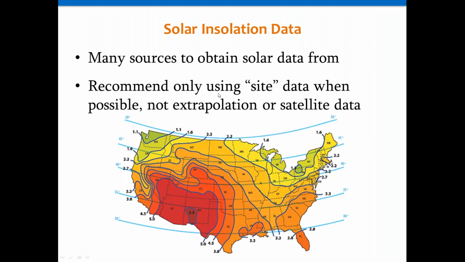We strongly recommend that when finding or utilizing your own solar resource data, you use what's called site data when possible, not extrapolated or satellite data. Site data means that the solar resource information was physically measured at a specific site, usually over a great length of time, as opposed to being a statistical model or based on satellite imagery, etc.